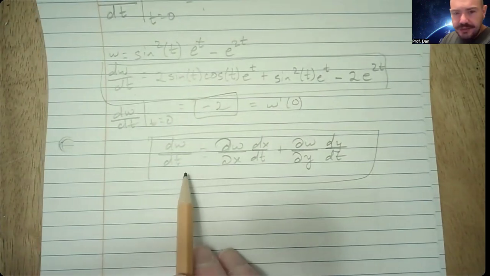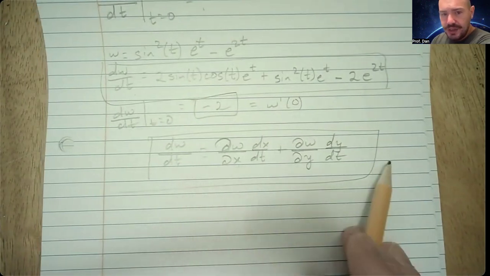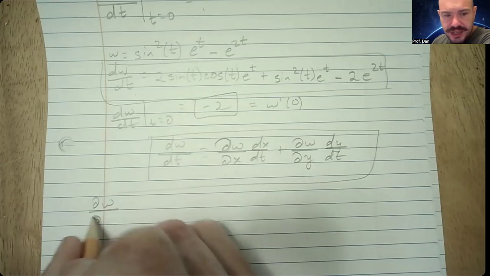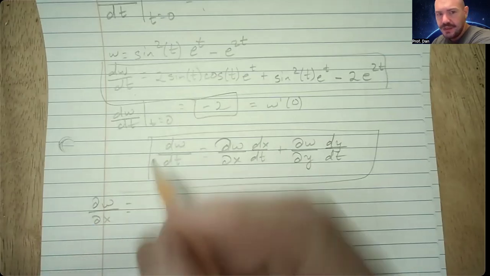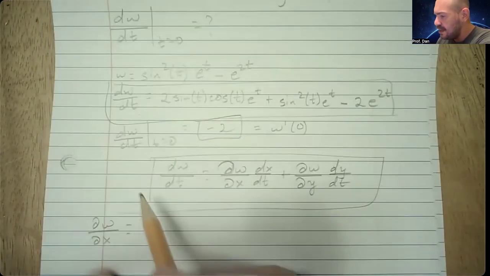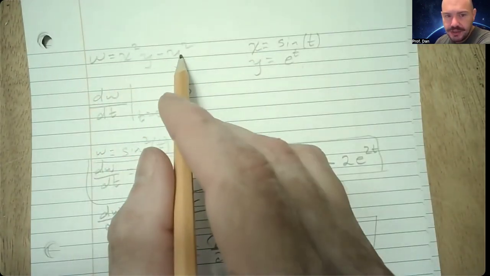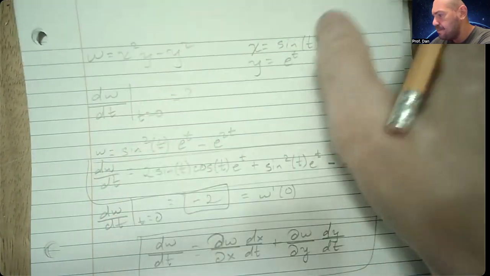So to figure out dw dt, I need to know four things. Okay, I need to know the partial of w with respect to x. We can find that. Right, so that's going to be 2xy, and the derivative of that term will be 0.